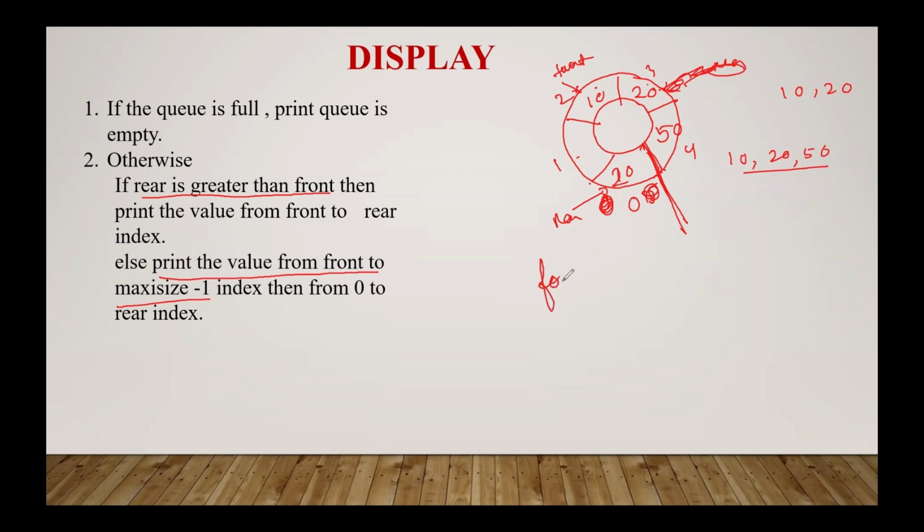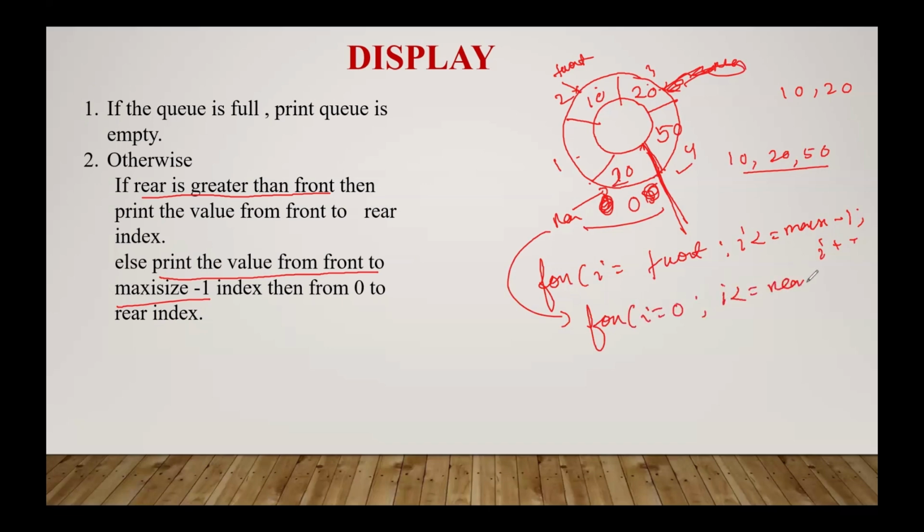We write for i equal to front, i less than or equal to max size minus 1, i plus plus, and print the value of i. For the second part, we write for i equal to 0 to i less than or equal to rear, because rear is the position where the insertion is going on, and print the value. This is the way we print the values.